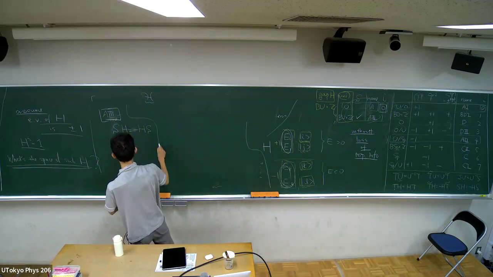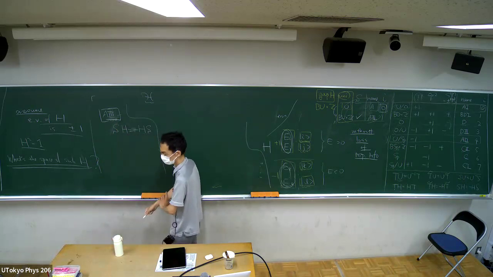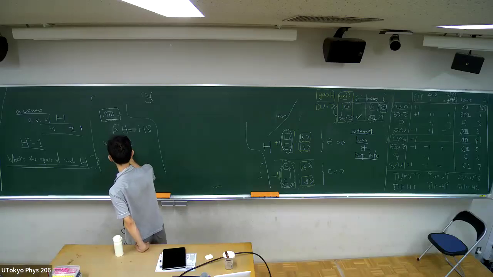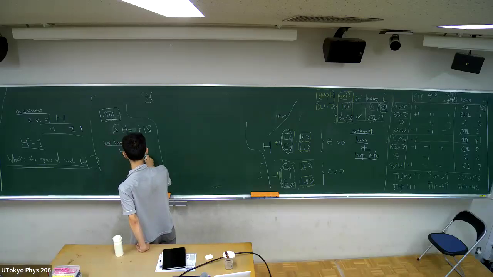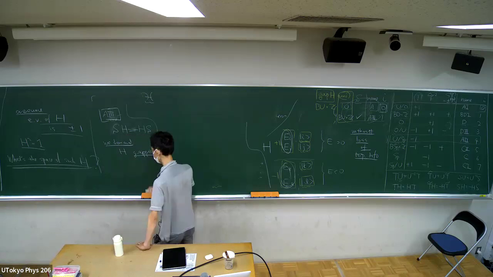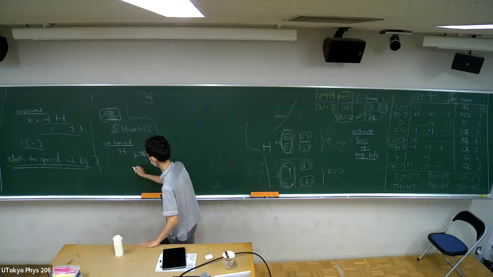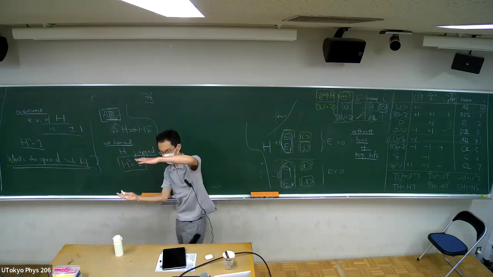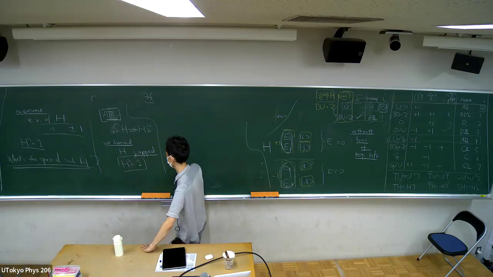So this is the original constraint of A3. And we demand H gap. And topologically, this means that H squared is 1 by compressing the eigenvalues to either +1 or -1.